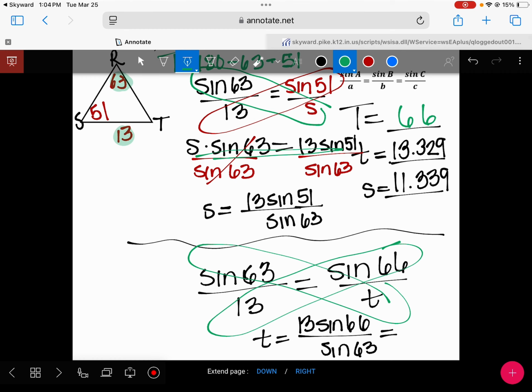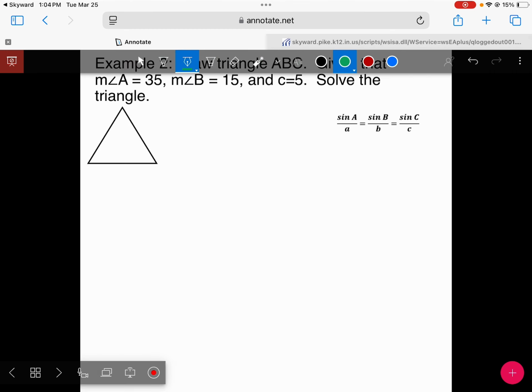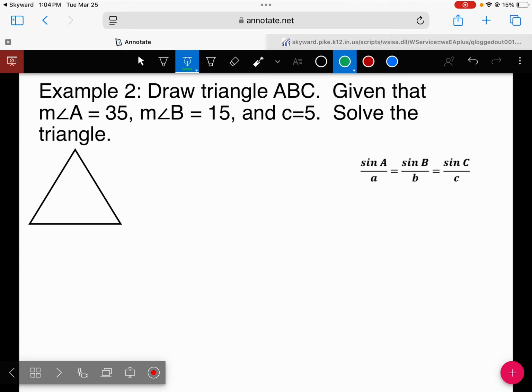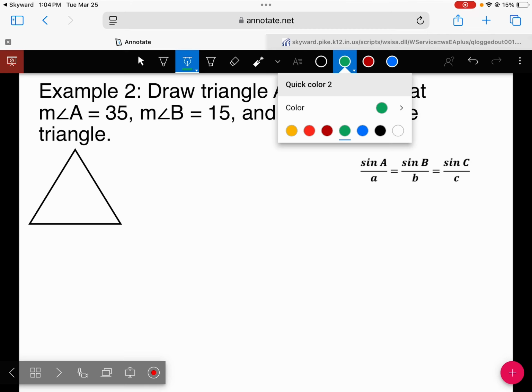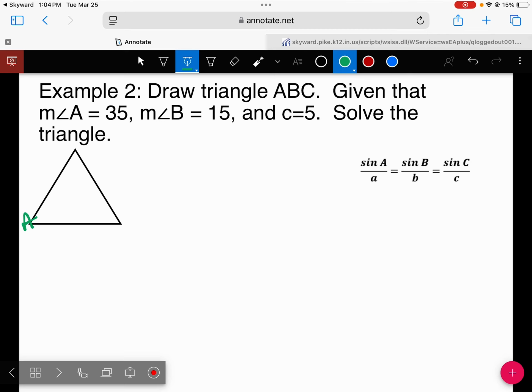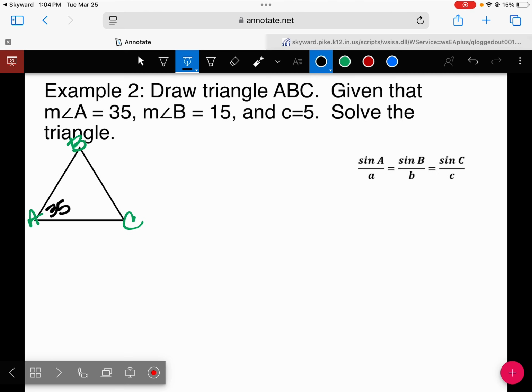All right, let's look at example 2. We have triangle ABC. Big A is 35, and big B is 15, and little c is 5. Notice that they did not give us a pair.